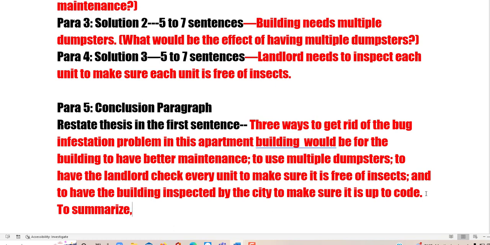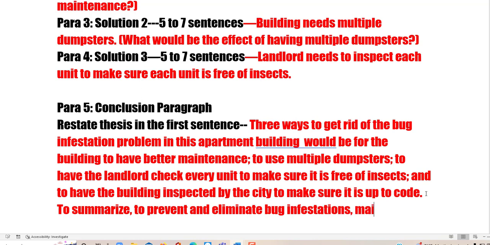So to summarize, to prevent and eliminate bug infestations, maintenance needs to keep the building clean.